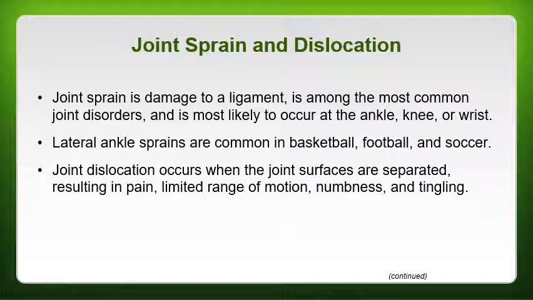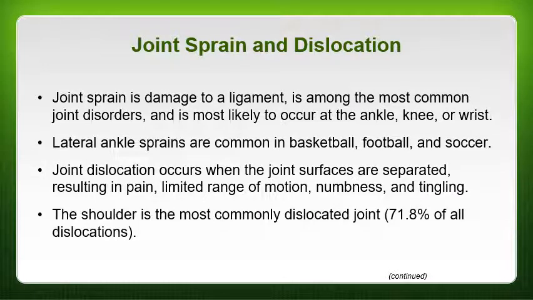When we're talking joint dislocations, that's when the joint surfaces are actually separated. Depending upon the degree of separation, you could have various signs and symptoms occurring. Again, pain, obviously limited range of motion, numbness and tingling if there's any compression or damage done to the nerves. Particularly when you're talking larger joint dislocations, you have to be concerned about other structures being involved.